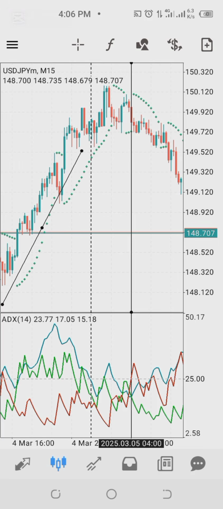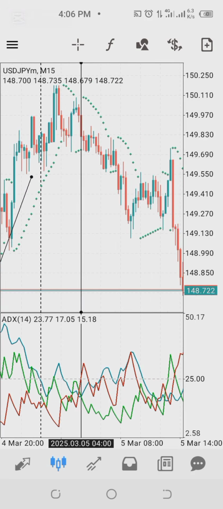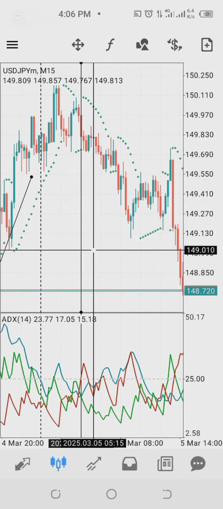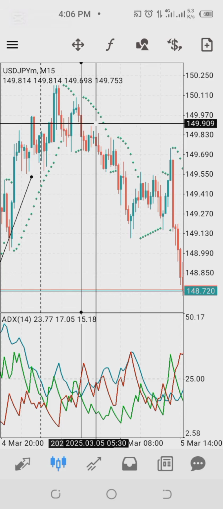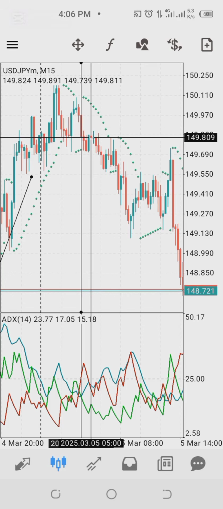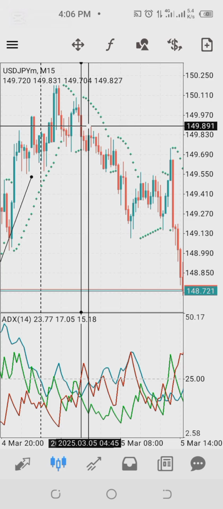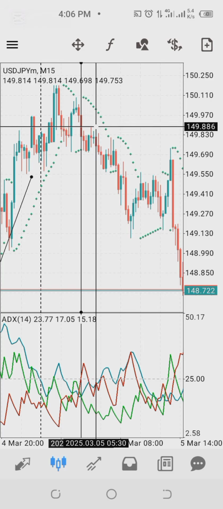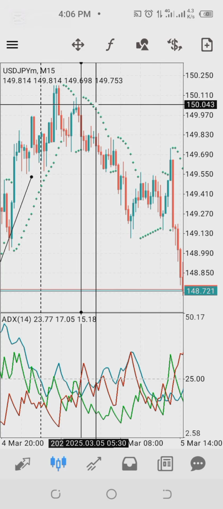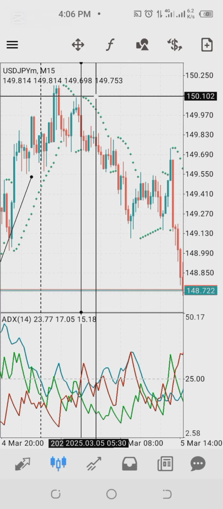Once you storm into the trade, of course, you can place your stop loss. Most of the time, as soon as this happens, the market is not expected to go back to the peak. Most of the time it has locked. So you can place your stop loss just above the high of the last candle.